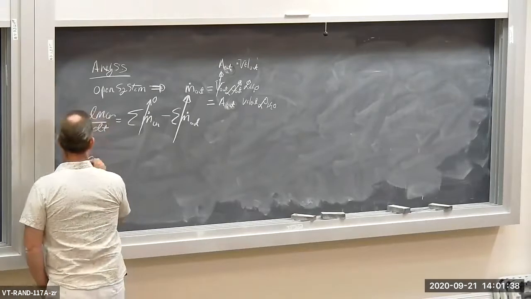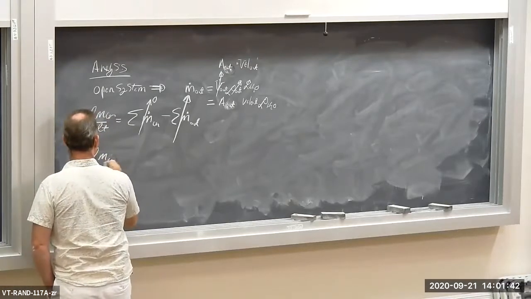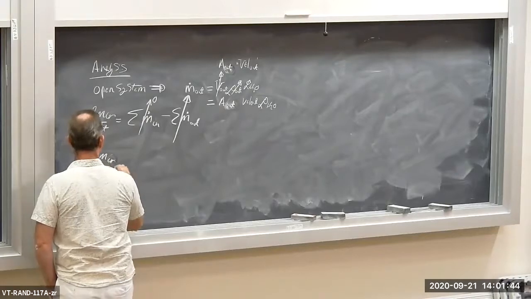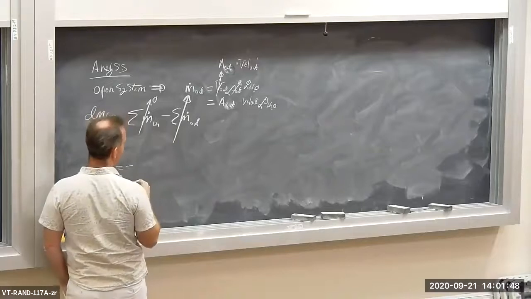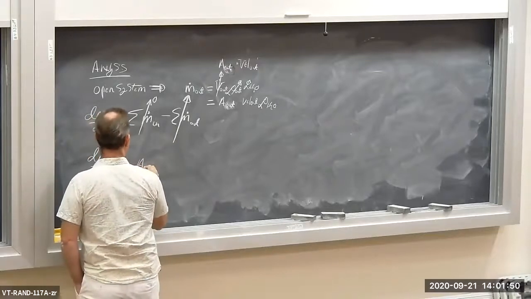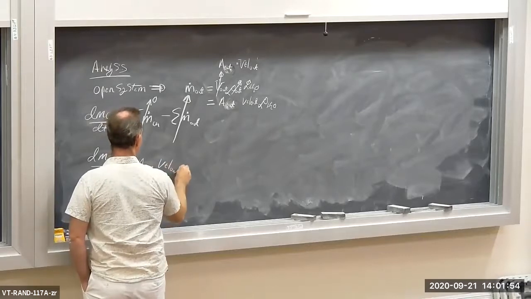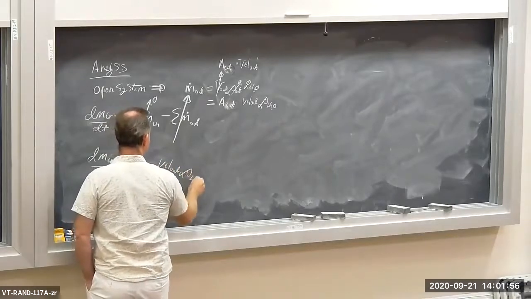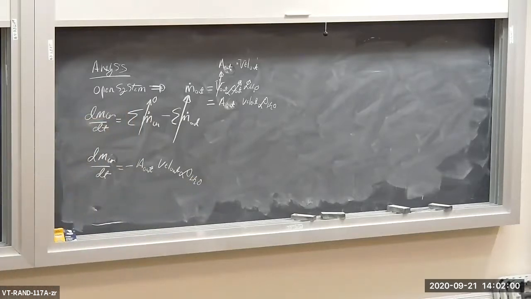So I have the time rate of change within my control volume of mass is equal to, and I have an outlet, so I got to carry the negative sign, A out, velocity out, density of the H2O.